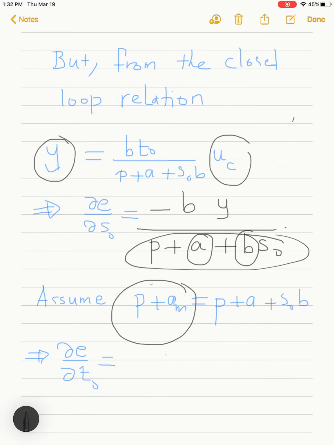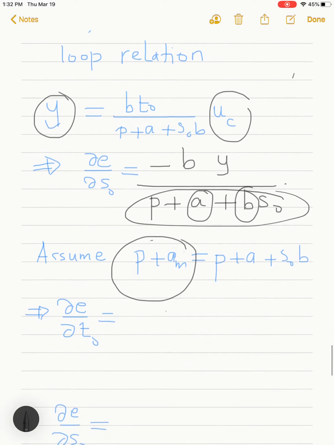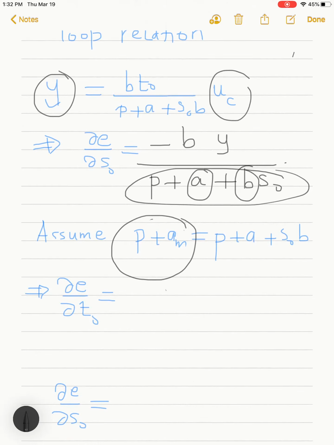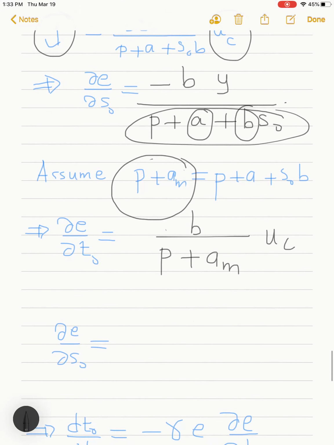So if that's true, then I can write the sensitivity derivative with respect to t0 as b over (p + am) uc, and the sensitivity derivative with respect to s0 as -b y over (p + am).